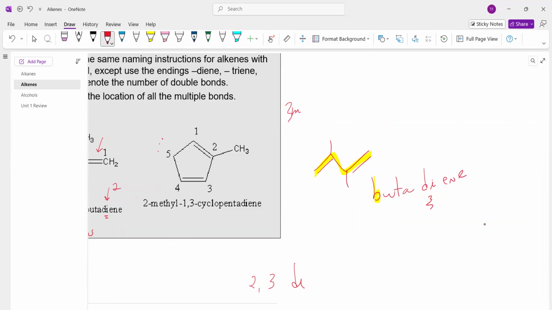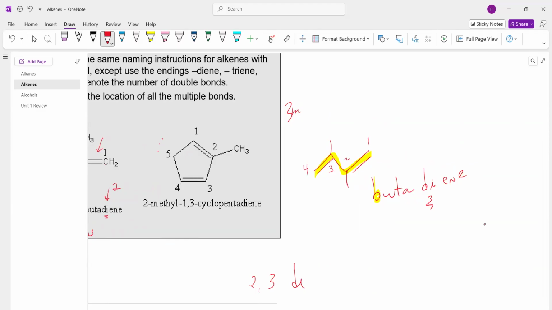And because we've separated the A from the E, we don't have to worry about dropping the A. Or this could be a triene as well. Now, because we have two double bonds, we have to figure out what carbons those are located on the backbone.